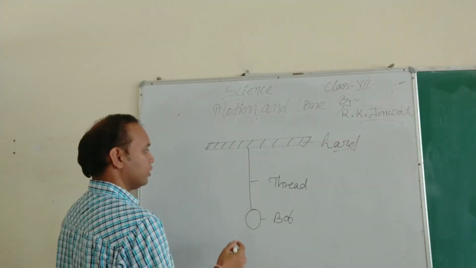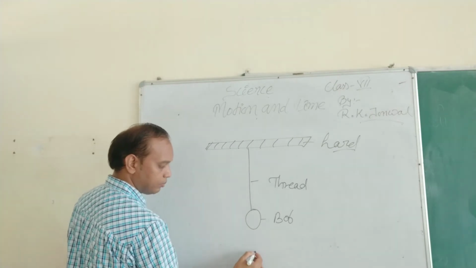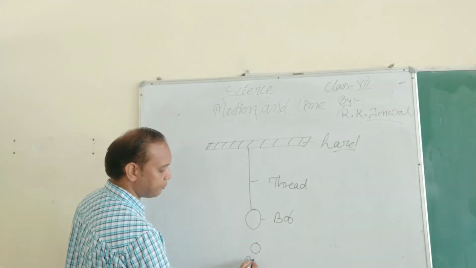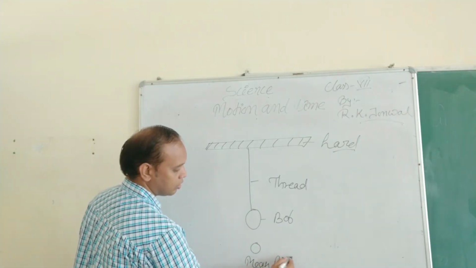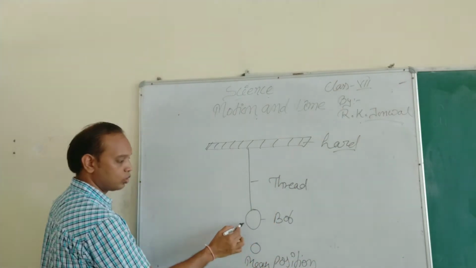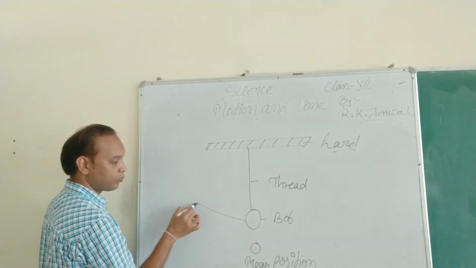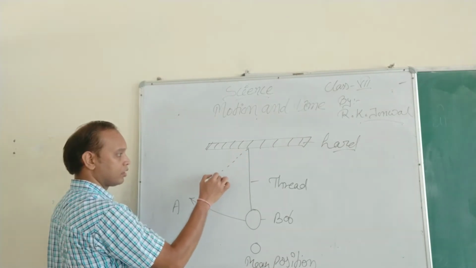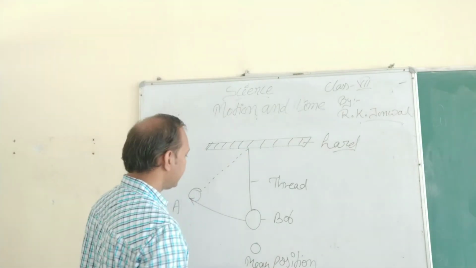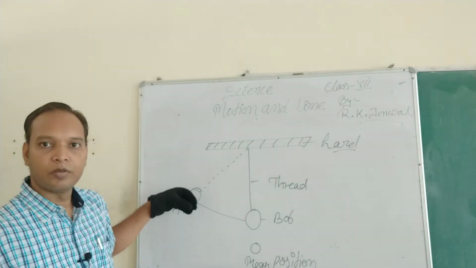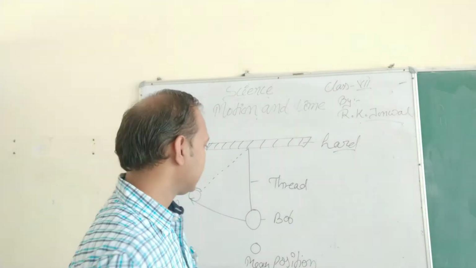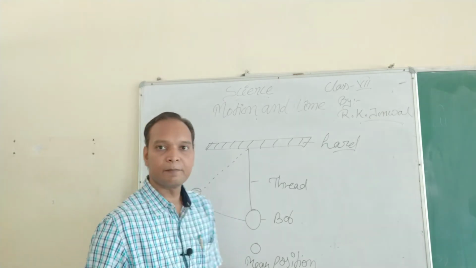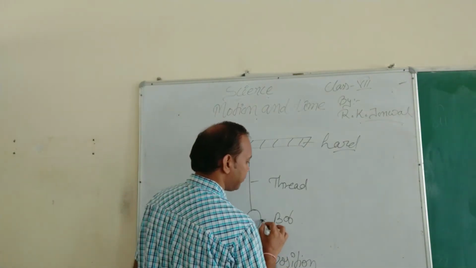Okay. So this pendulum, that is called its mean position, that is called O. If we displace this bob from its mean position, that is the main position, to one side, its extreme position, that is A, and we freely release this bob without any force, then we can see here that the bob moves towards its main position and moves in the opposite direction.